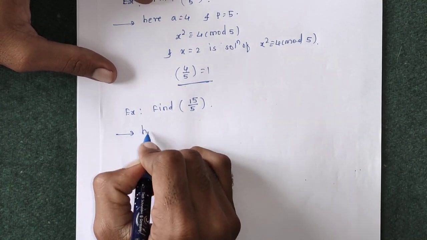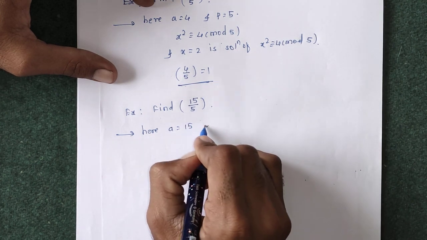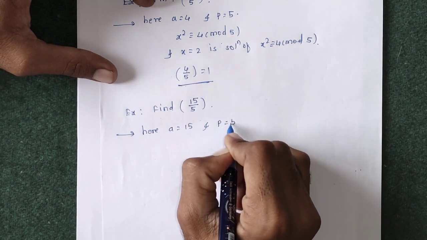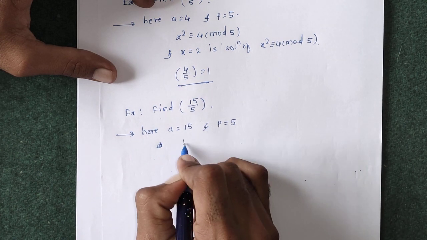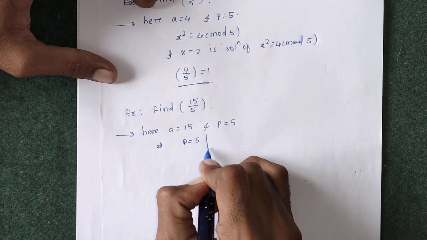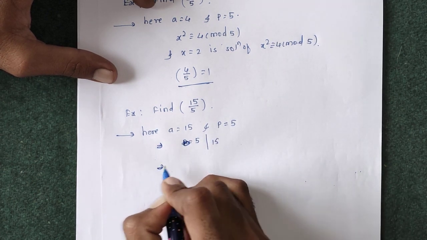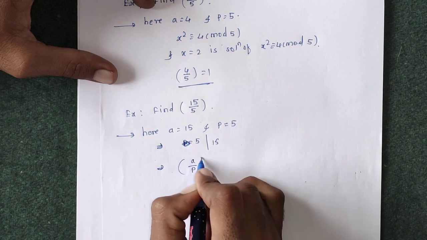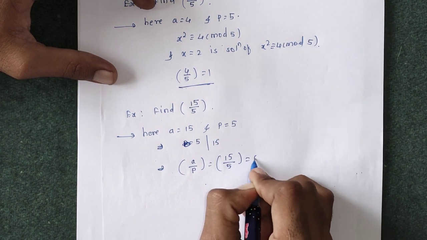Here a is equal to 15 and p is equal to 5, and from this we can say that p, which is equal to 5, divides 15. So the Legendre symbol of a and p, which is the Legendre symbol of 15 and 5, is 0.